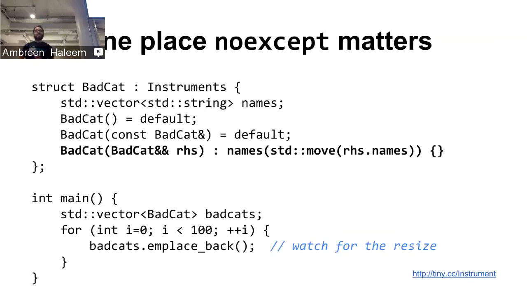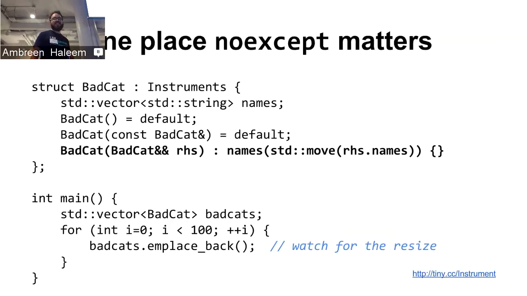And noexcept. We mentioned that possibly swaps should be noexcept, but it doesn't need to be. But the one place that noexcept really leaks into concerns about efficiency is if you make your own move constructor, and you make it like in this example.